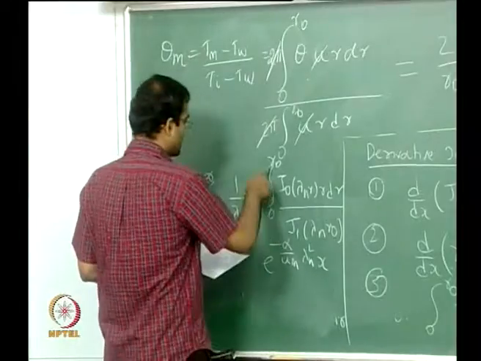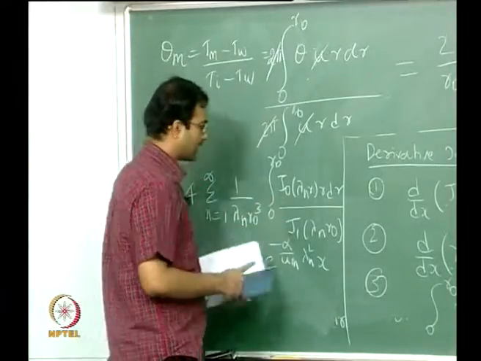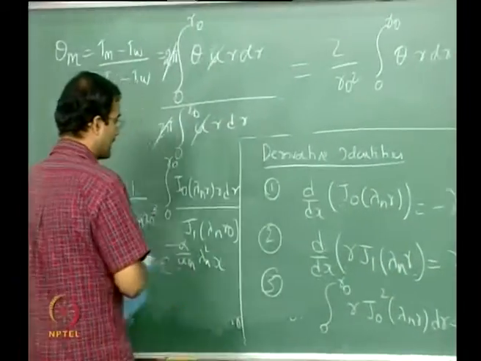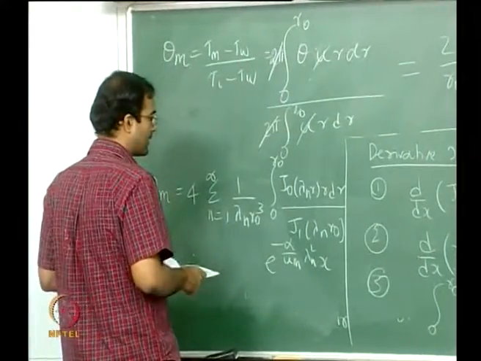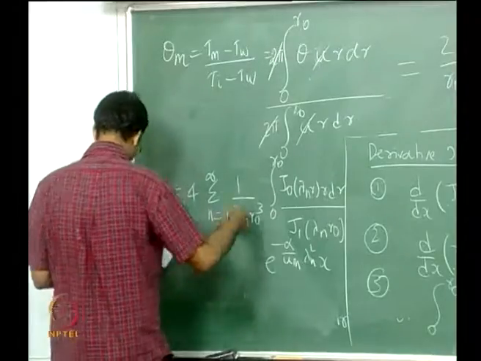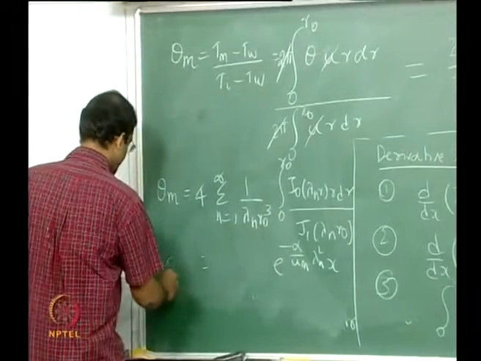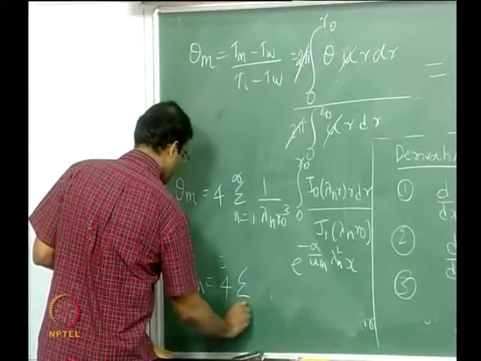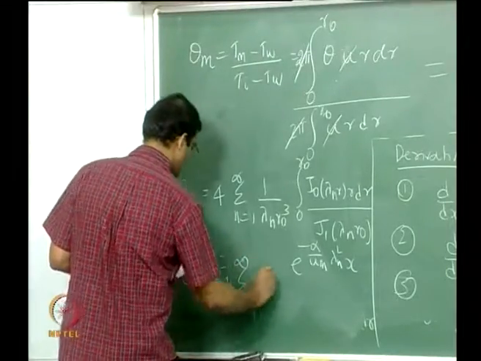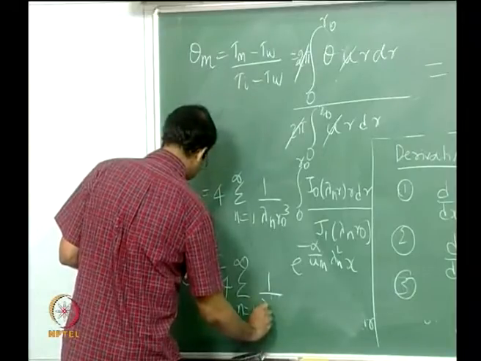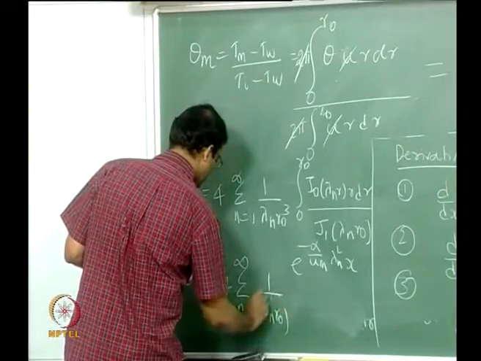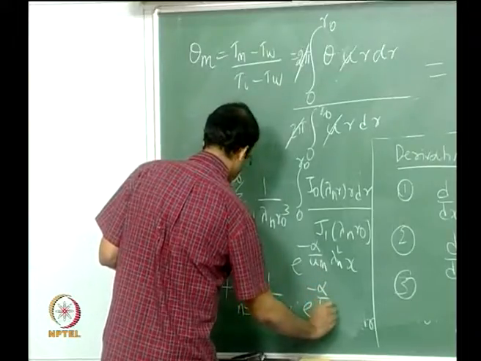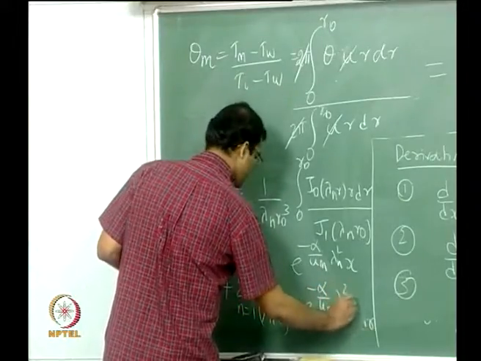So integral 0 to r naught J naught lambda n into r, we already have that identity, so that will be r into J1 lambda n r divided by lambda n. So if you put that and you manipulate it, finally you get your expression for theta m as 4 times, please check this, 1 by lambda n r naught the whole square into e power minus lambda n square x by the Peclet number.